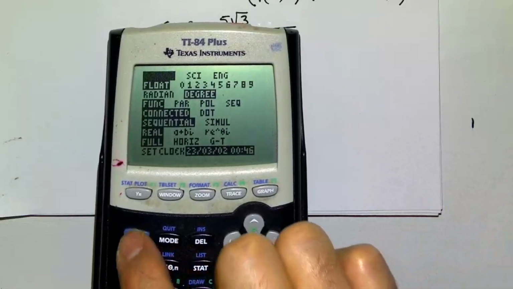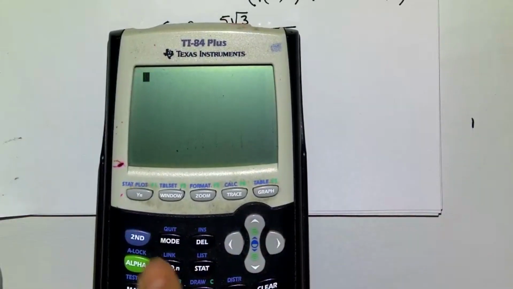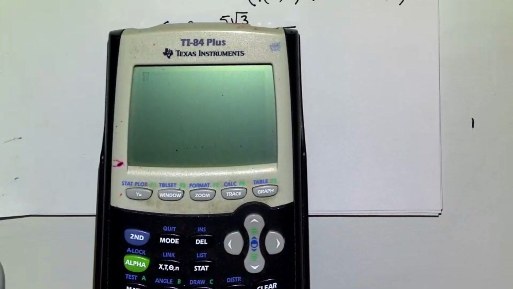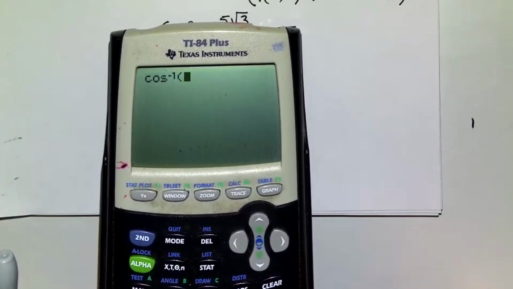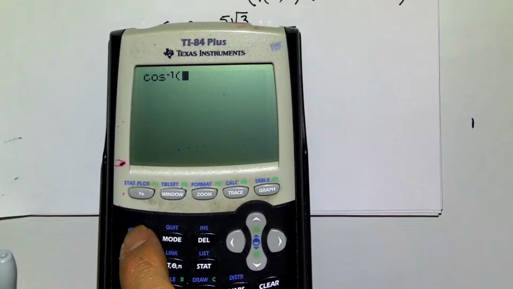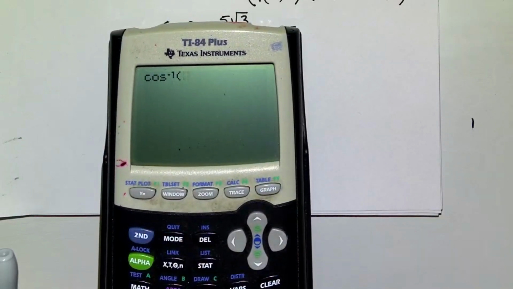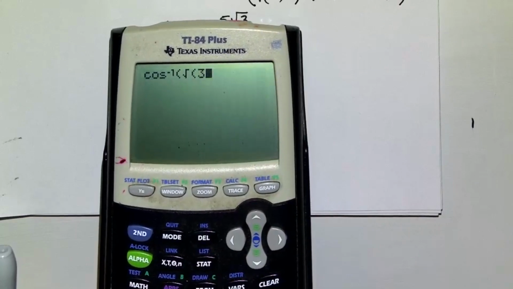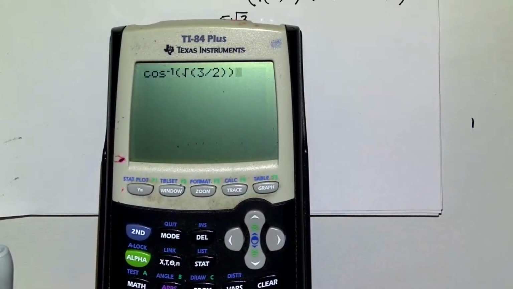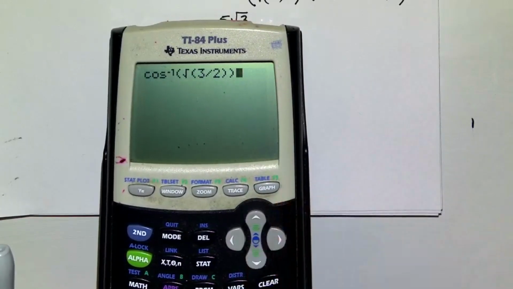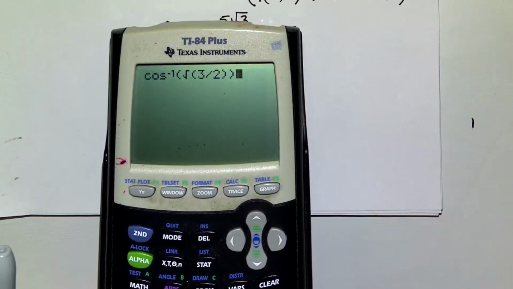So I'm going to exit that. Then I'm going to activate the inverse cosine, and then put in square root of 3 over 2. The setting was in degrees, so we should get 30 degrees.